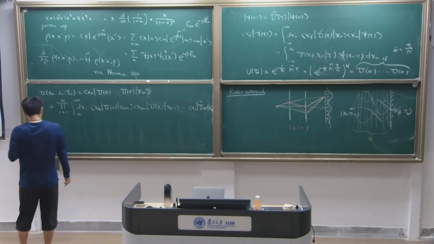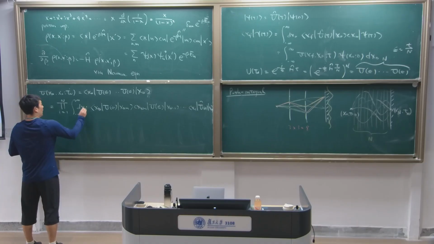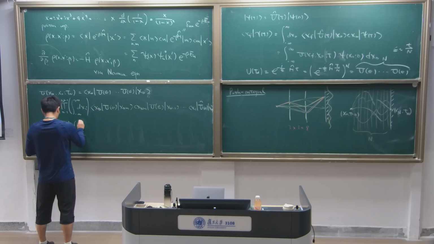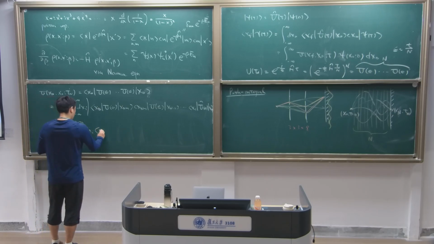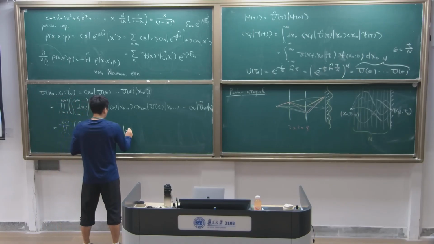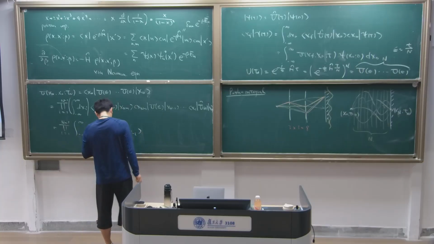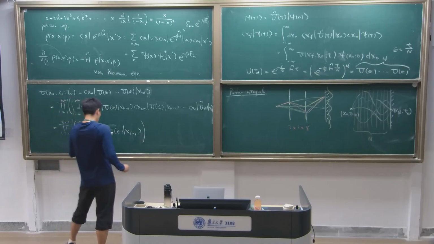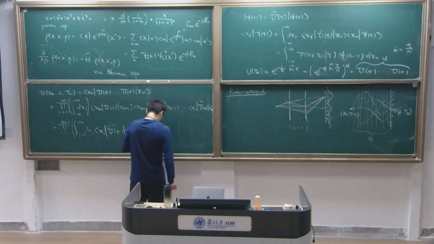So this can be treated as the product from i equal 1 to N of the integral over dx_i of ⟨x_i|U|x_{i-1}⟩, and this will be equal to what's going to happen.